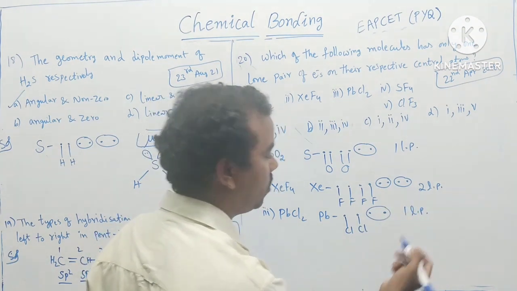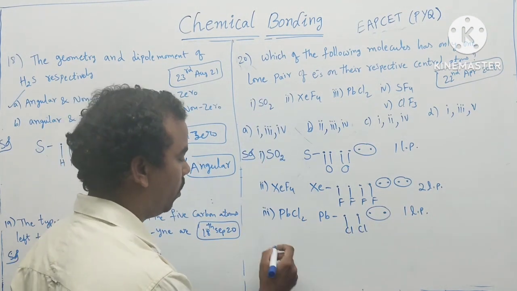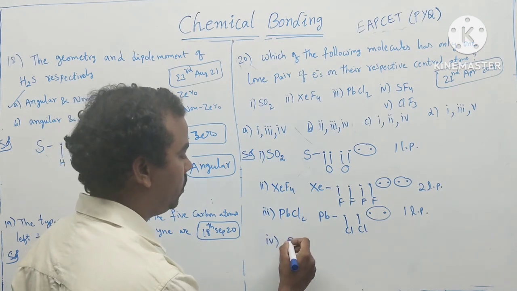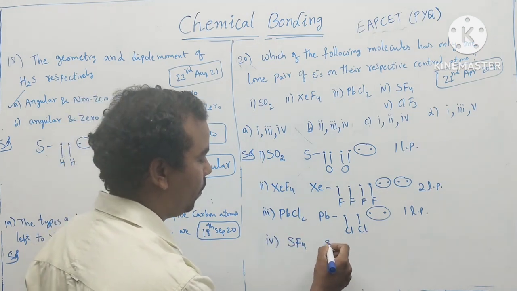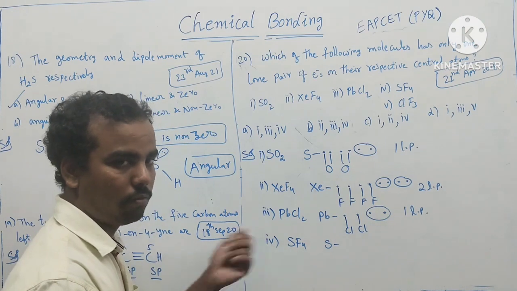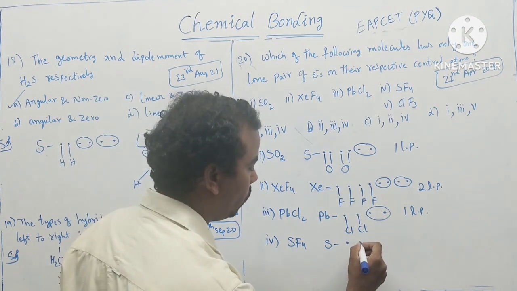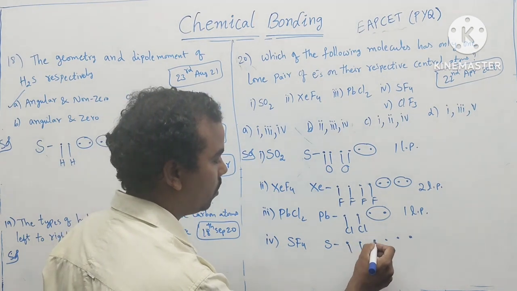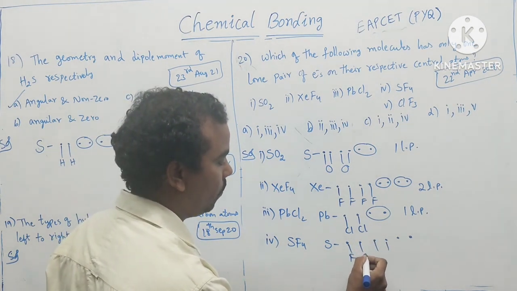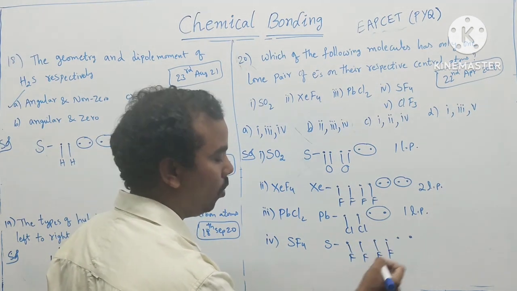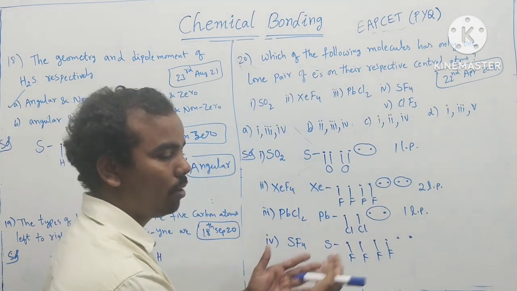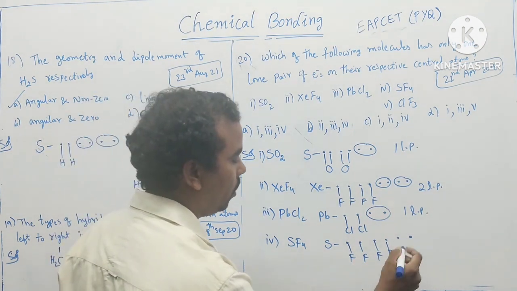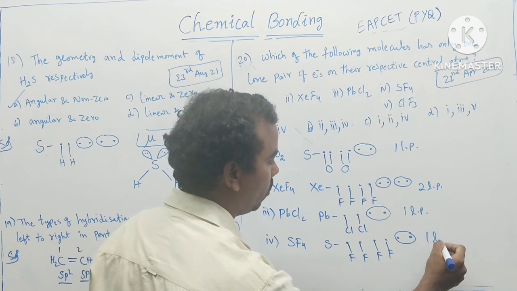So remaining 2 electrons means 1 pair. That is a lone pair. Fourth one, SF4. Sulfur central atom, oxygen group. 6 valence electrons. 1, 2, 3, 4, 5, 6. 4 fluorine atoms form 4 bonds because fluorine and chlorine are monovalent atoms. Halogens are monovalent atoms, valency 1. So remaining 1 lone pair.